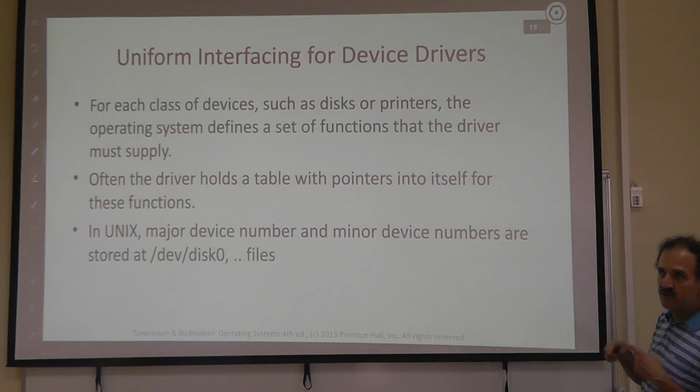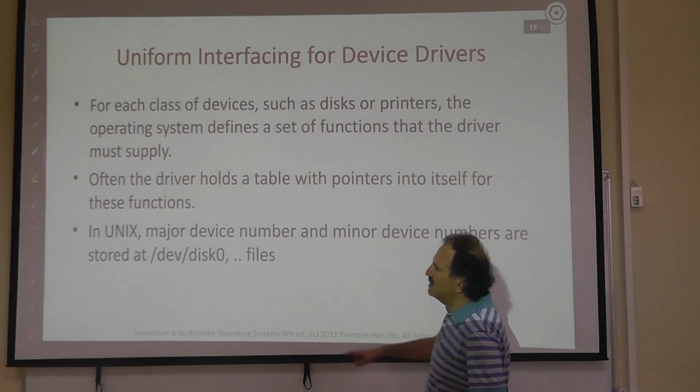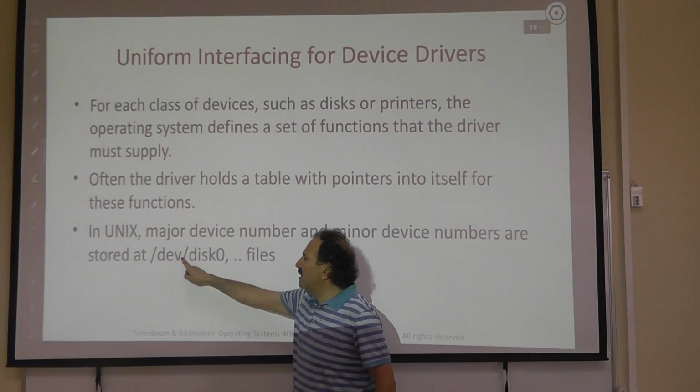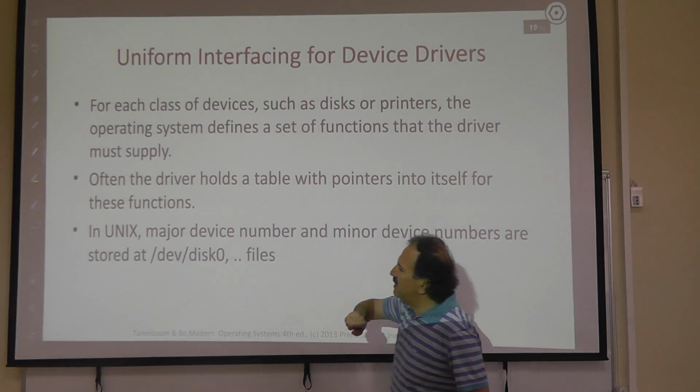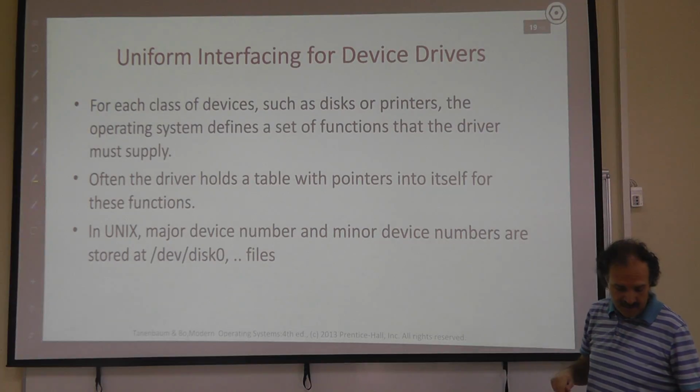Major device number shows the type of the device, if it's a disk device or the printer or the mouse and that kind of stuff. Minor device number shows which one of that, because you might have more than one hard disk on your system or more than one mouse, and these numbers are kept inside these device files. Under the directory, you have these files. You keep this information in the inodes for those files.